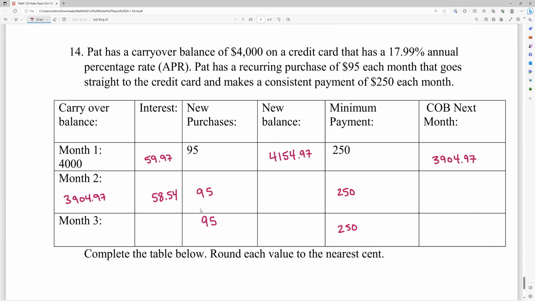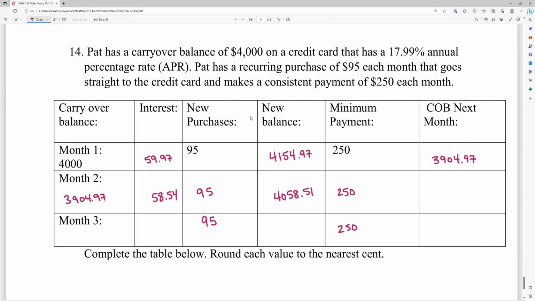Okay, remember we're going to add the carryover balance plus the finance charge, because that's going against their credit card into more debt, essentially, and the $95 charge that happens every month. So that puts us at 4,058.51.